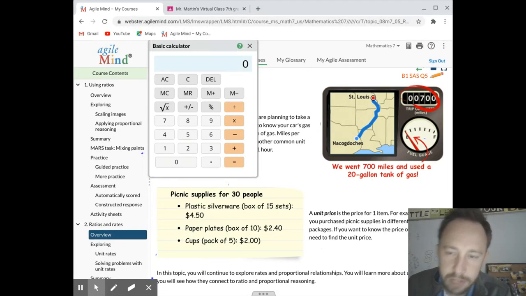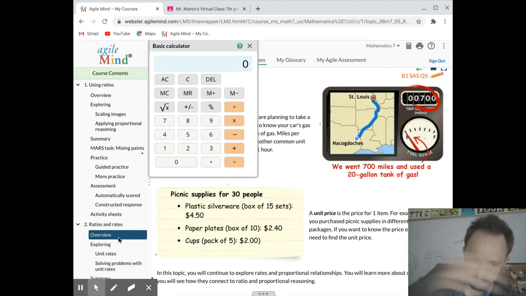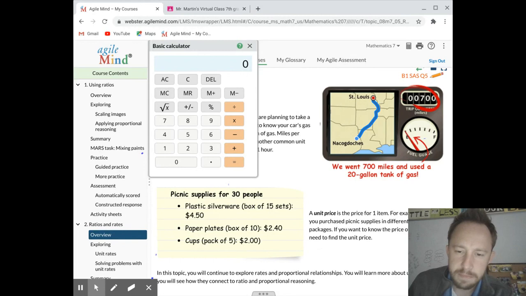what do we need to do to find the unit rate of the cups? What would we do? Multiply. What am I multiplying? 4.50.